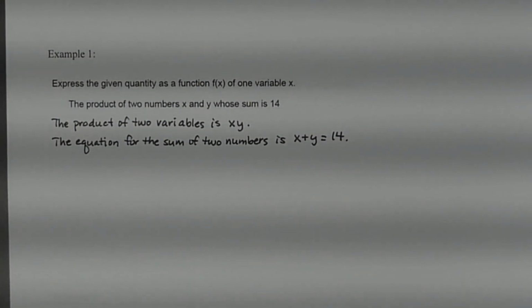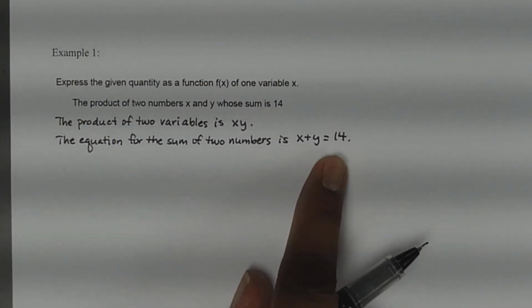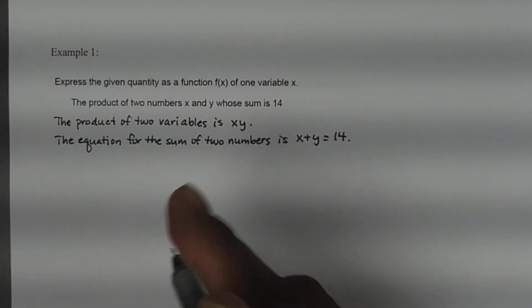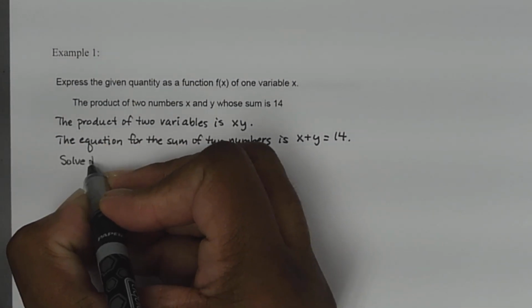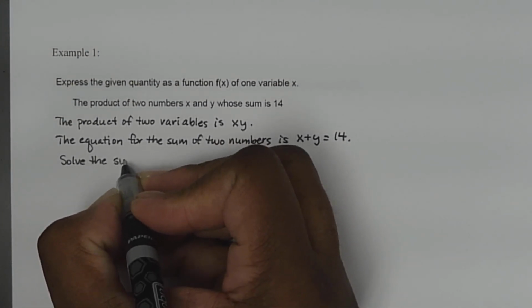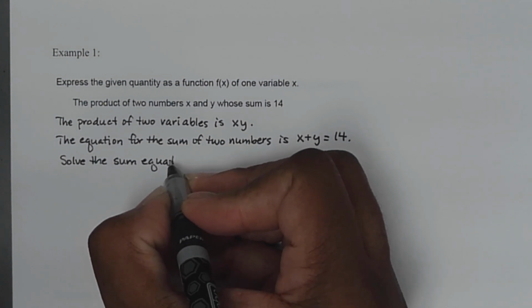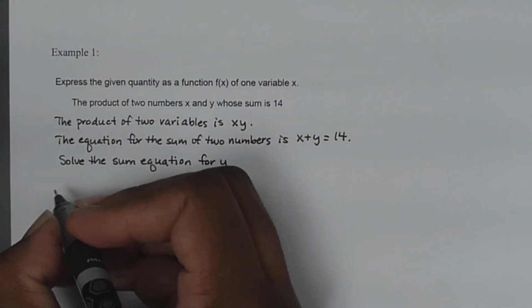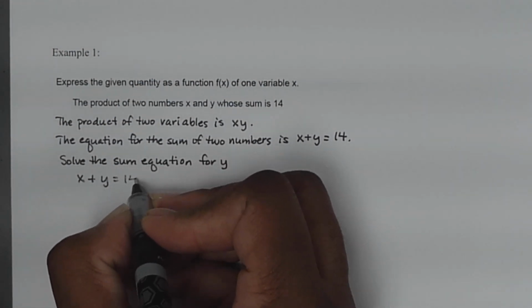All right, now the next thing I'm going to do here is take that equation for the sum of x and y equaling 14, and then I'm going to solve it for y. So x plus y equals 14.